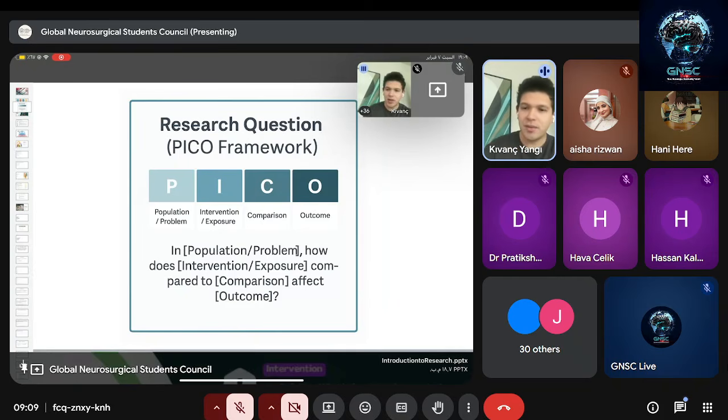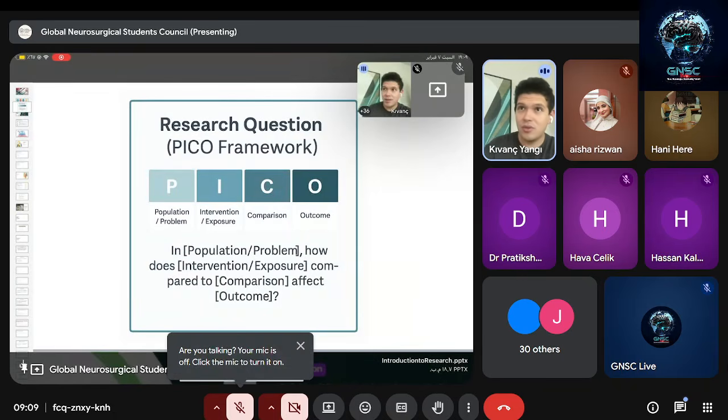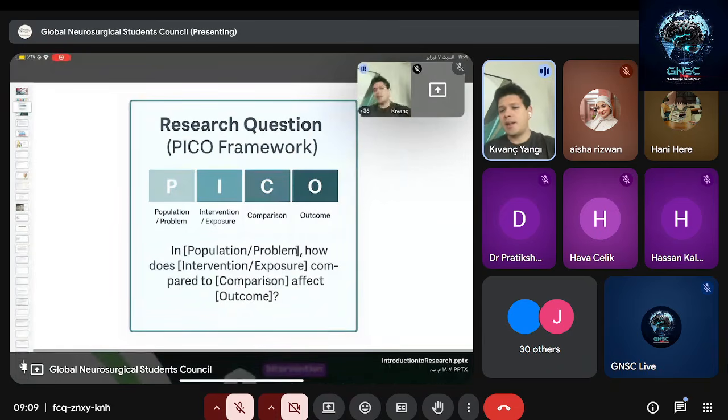I personally know some examples and have some experiences where people did not frame their question very well, and afterward, during the data extraction time, they became confused. Should we add this group? Should we not include this group? For example, you're saying gastric adenocarcinoma patients, but think about that. In PubMed or other databases, you look for those patients and you find thousands of articles.